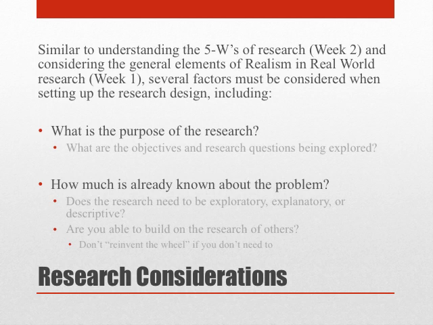Now, similar to the 5 Ws and thinking about doing realistic research, there are several other factors that you need to be thinking about when you're working on your research. First off, what's the purpose of the research? And for things like this, objectives and research questions to be explored.